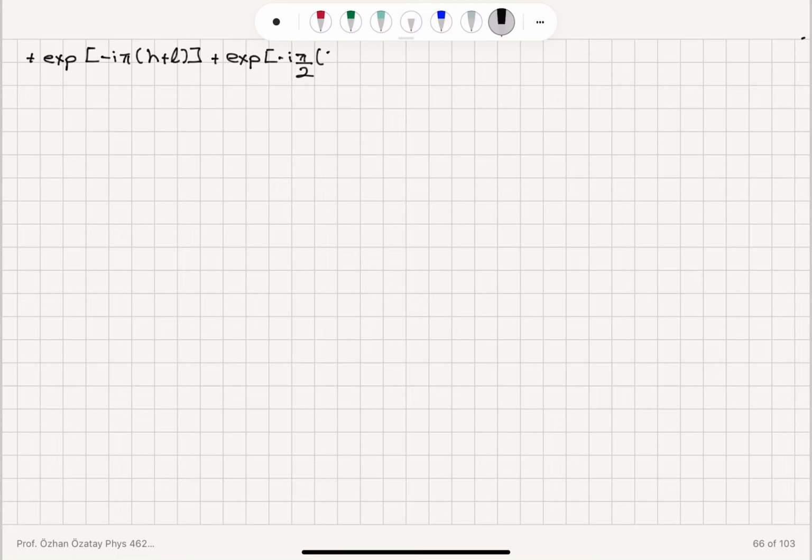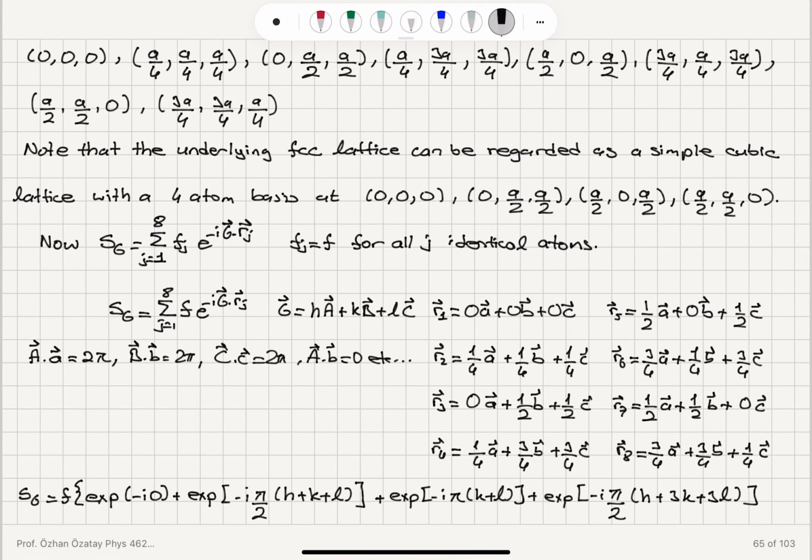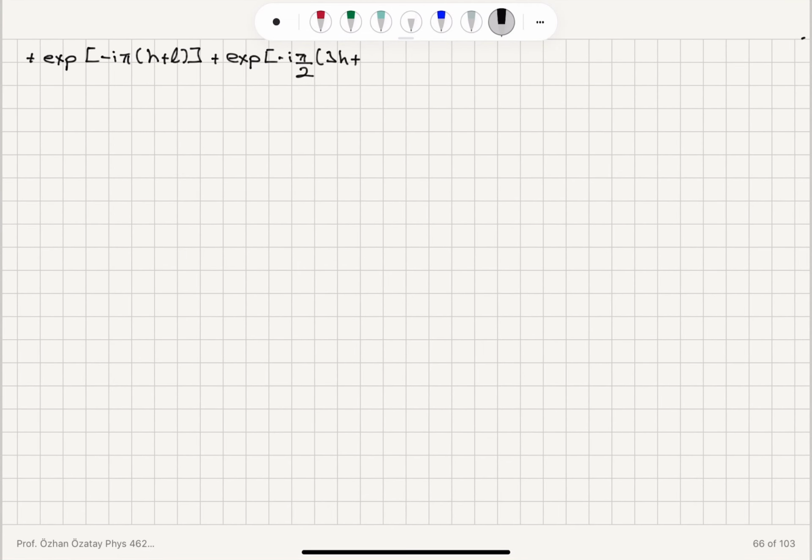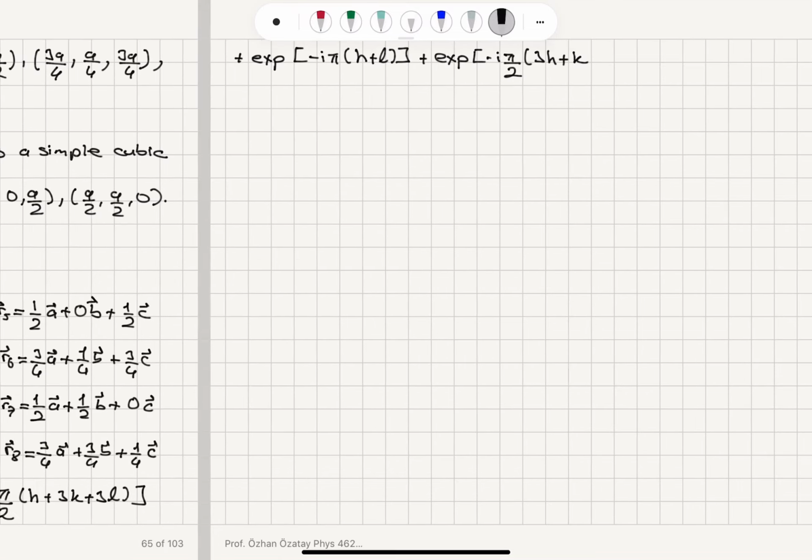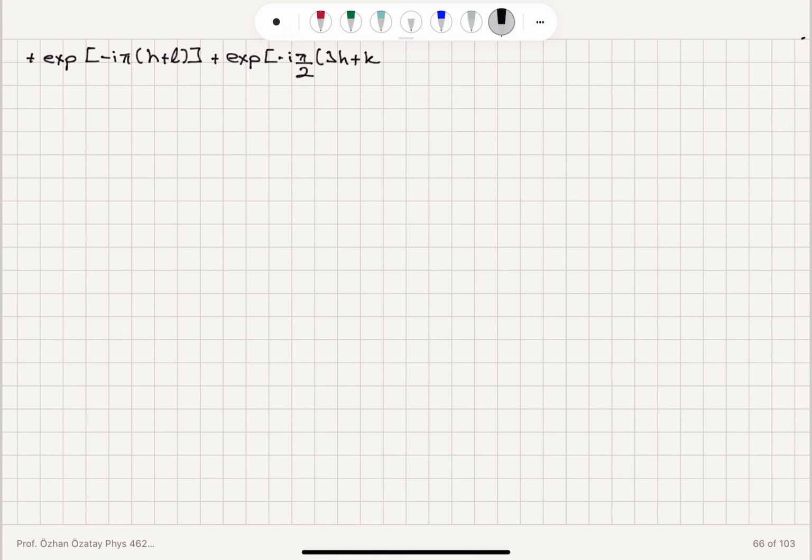So 3h plus from 1 over 4 b, we will get a k. And from the other one, 3 over 4 c, we will get a 3l in the dot product. And the sixth term is exponential minus i pi over 2 times 3h plus k plus 3l.